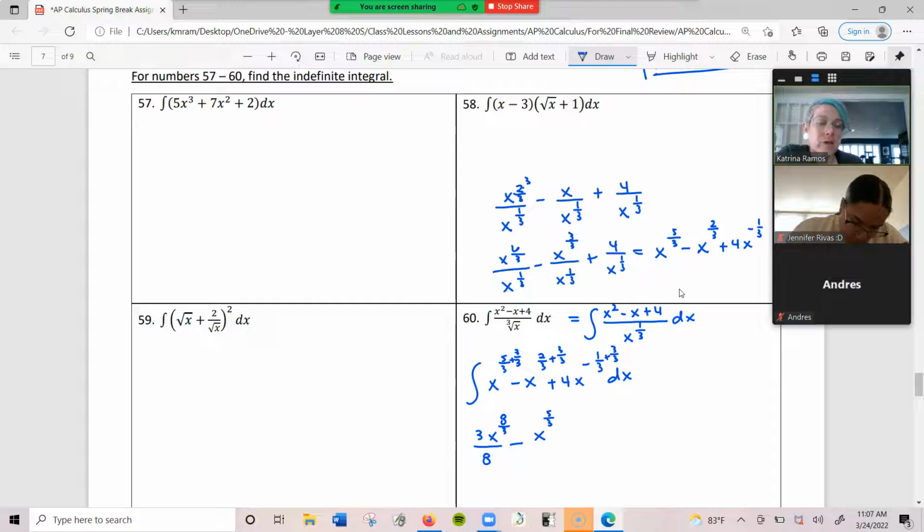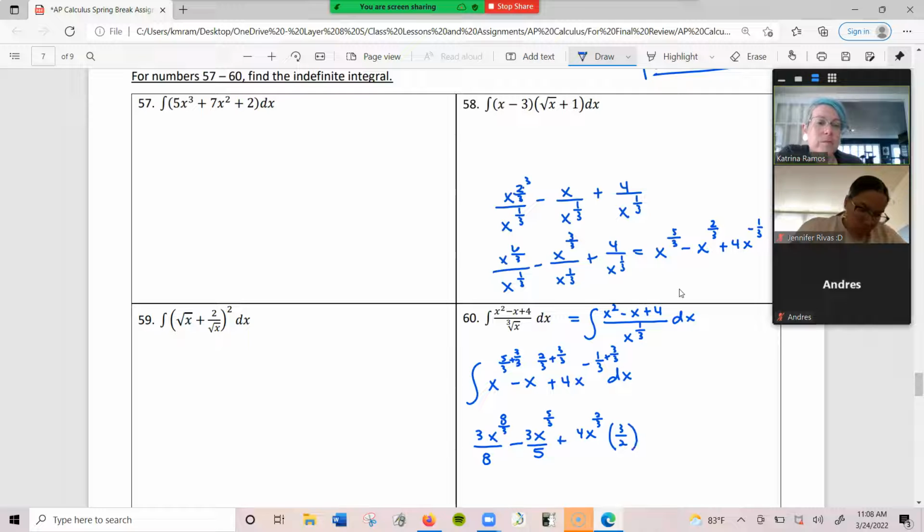Minus, oh, sorry, plus 4x, and then adding negative 1/3 plus 3 over 3 is 2/3, and then multiply by the new exponent, which is 3 over 2, plus c.